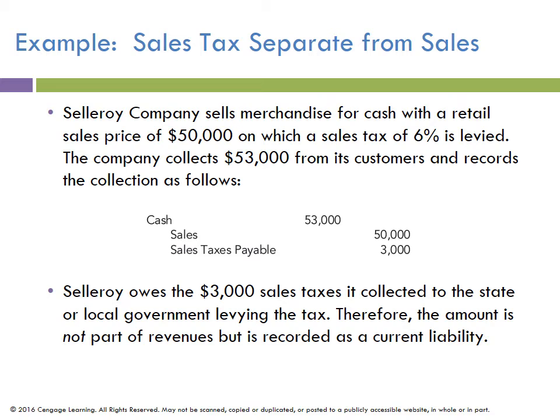But $50,000 times 6%, they would have to charge them an additional $3,000 because of the sales tax charge. That is credited to a current liability, sales tax payable, because they have to send that to the state. And then cash is debited for $53,000. Notice we don't keep separate accounts for the cash.